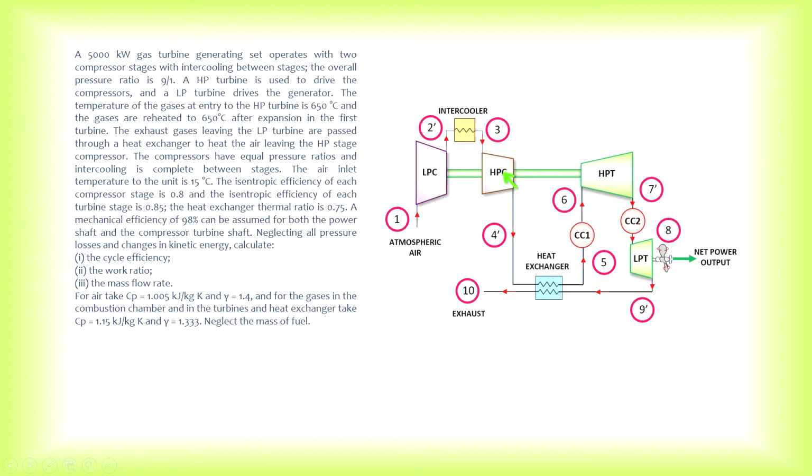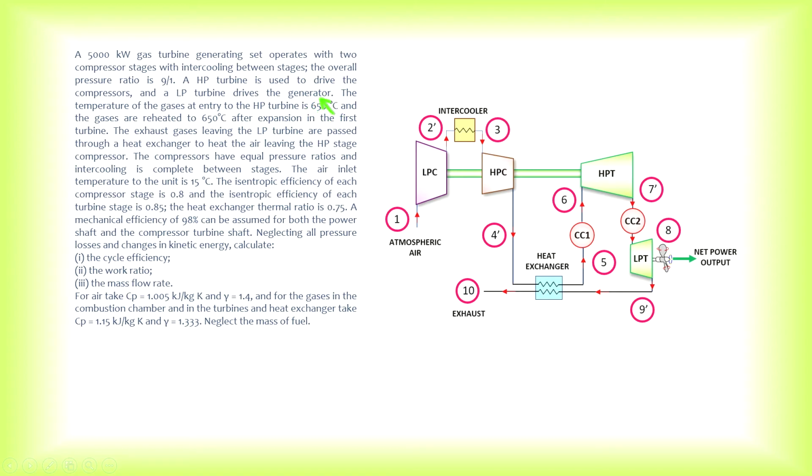If you were to include the mechanical efficiency, you have to multiply it by the work output of the high pressure turbine and equate it to these two work inputs. Usually both work inputs would be equal if the pressure ratios are the same between the compressor stages. Now, the temperature of the gases at entry of the high pressure turbine is 650.